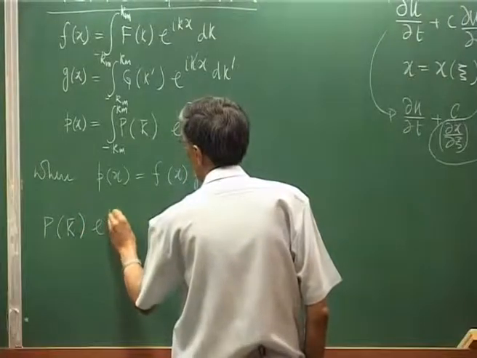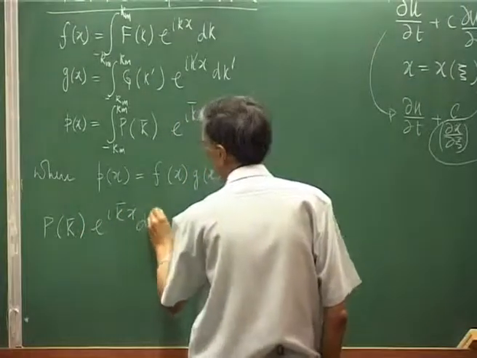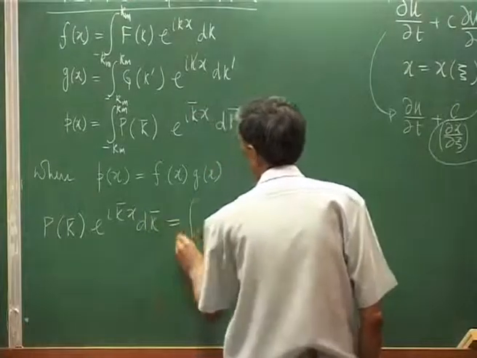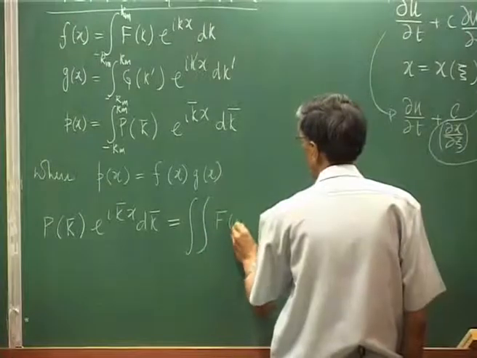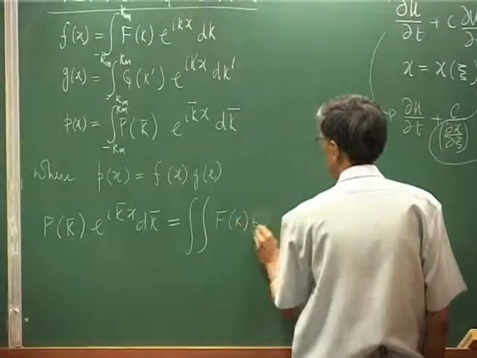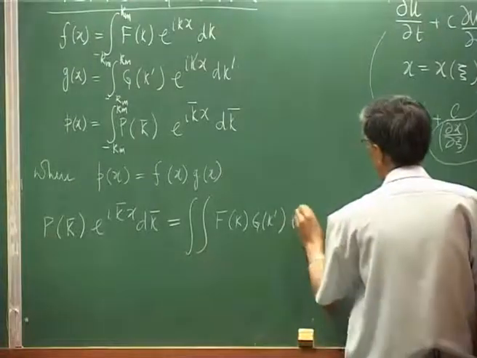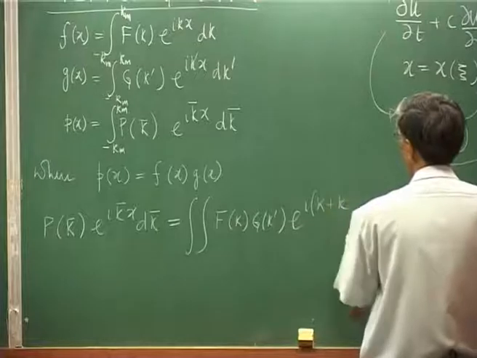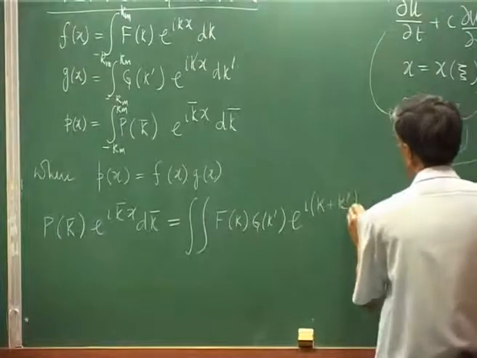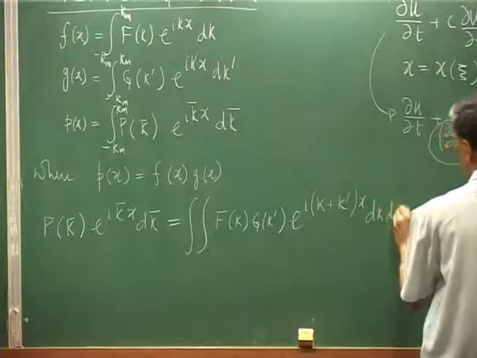P of k bar e to the power i k bar x dk bar should be equal to the double integral of f of k g of k prime, and look at the phase part now, it is going to be i k plus k prime x dk prime.